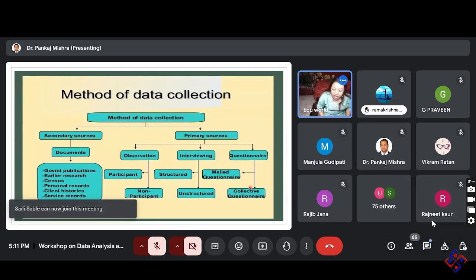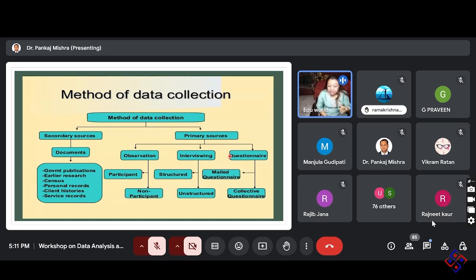For the collective questionnaire, I have set you in a group of members, and while sitting there you answered whatever was given in the questionnaire. That is the collective questionnaire. A mail questionnaire is generally a single approach, like you are sending it to every individual. On that basis it can be an individual mail questionnaire.